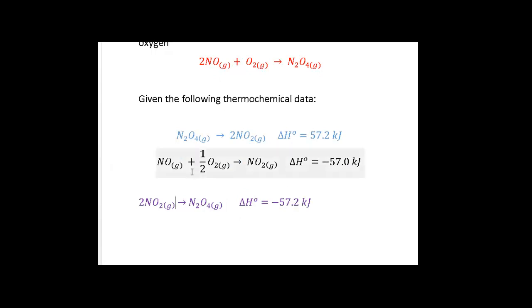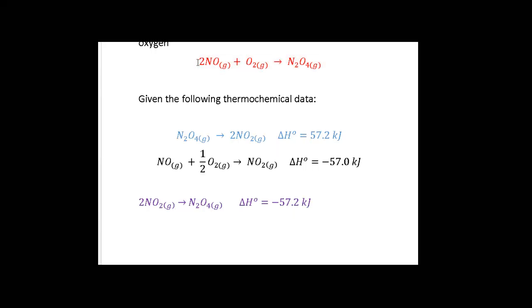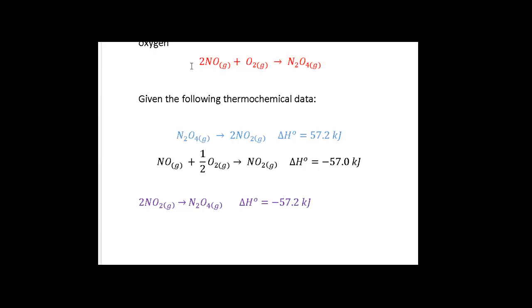Now let's take a look at our second reaction. Notice here that my NO, nitrogen monoxide, has 1 mole, but in my net reaction, the reaction that I'm striving to calculate the energy for, there's 2 moles. And so I think what I could do here is multiply the bottom reaction by 2.